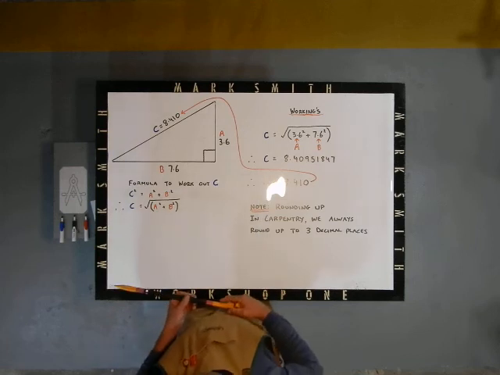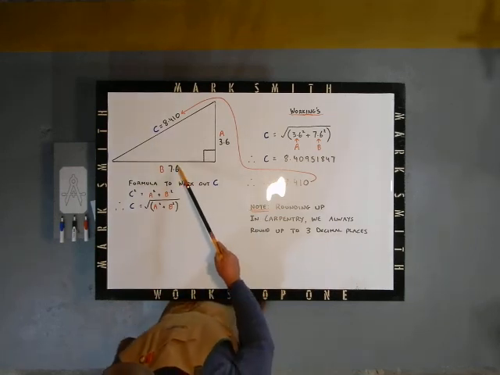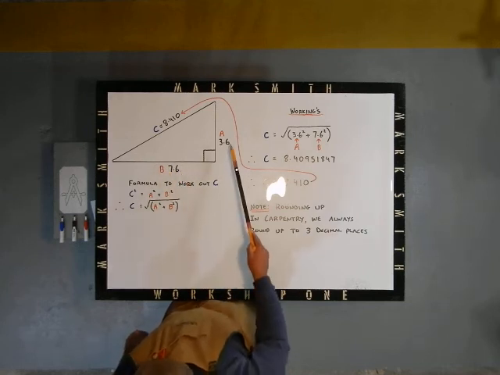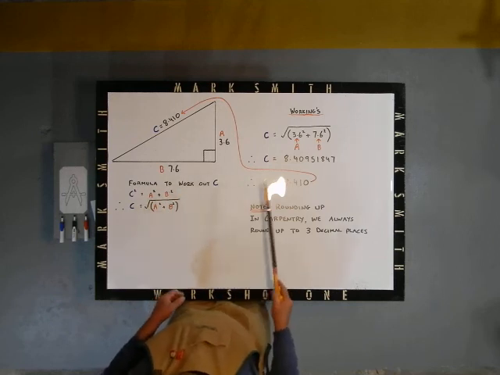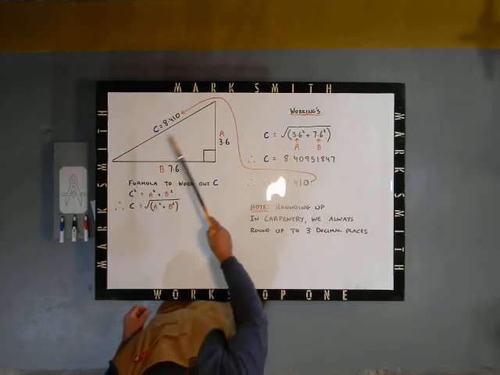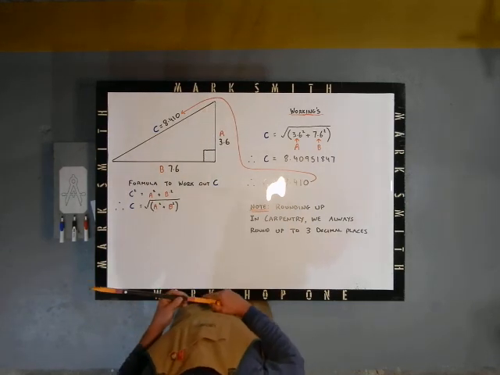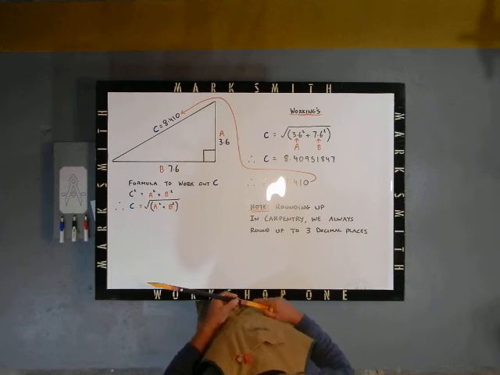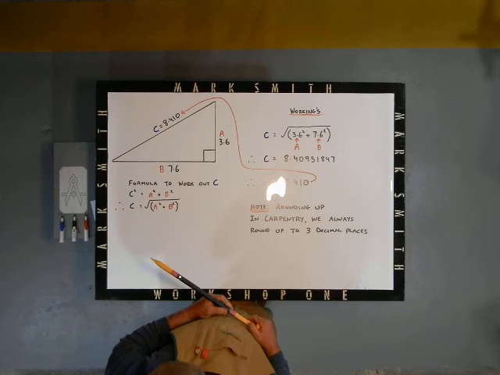I would suggest, in a bit of quiet time by yourself, you make up some measurements for A and B, follow this formula and calculate maybe 5 exercises so you get the hang of working out the hypotenuse of a right angle triangle. Okay, that concludes this lesson, and I'll leave it with you.